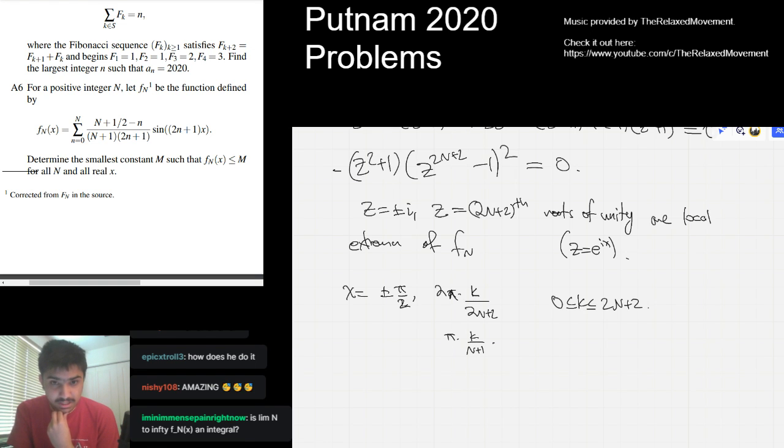Obviously we only have to look at the x's between 0, because if we look at the other sign, all the signs are negative. So we just need to look at this for between 0 and n plus 1.